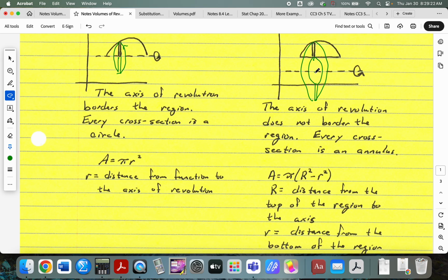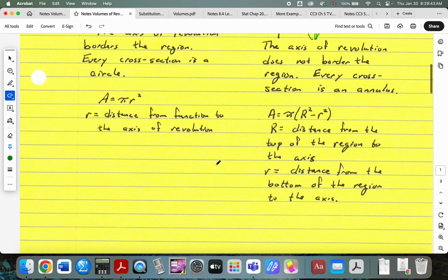On this one, I didn't write them in. This is going to be your little radius, and that is the big radius. All right.